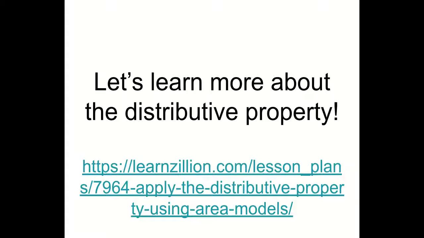I'm going to show you how we can use the distributive property by using area models. Let's take our same area model for 8 times 7. If we want, we can make this into an easier problem with smaller numbers. We can break apart the 7 into 5 plus 2, since 5 plus 2 is 7. Now we can think of our problem as 8 times 5 plus 2.